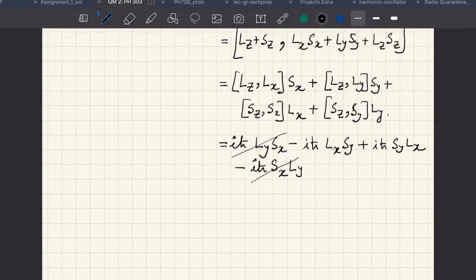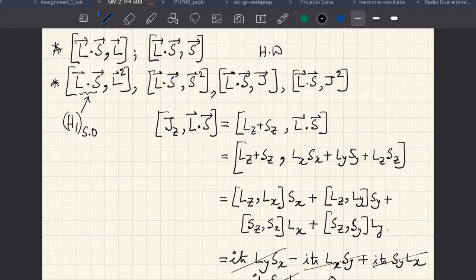Therefore I can interchange their order and everything gets cancelled. So this is 0. Similarly, you can calculate the other components also and finally figure out that L square, S square, J square and JZ are all commuting with the spin orbit Hamiltonian.